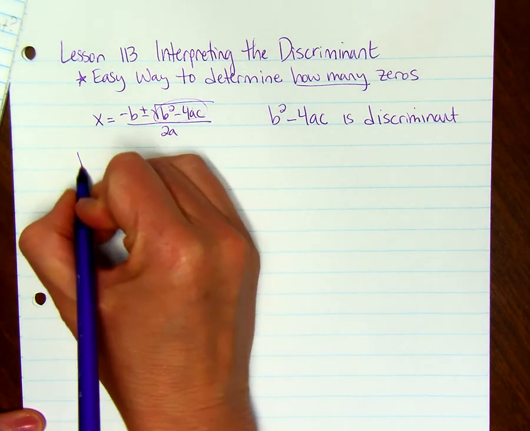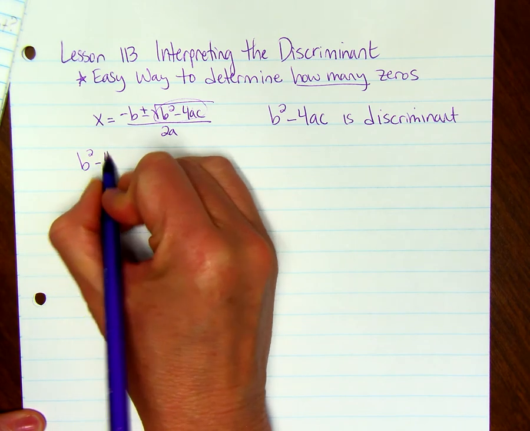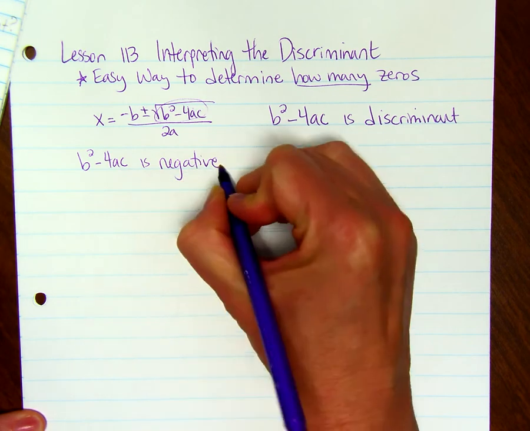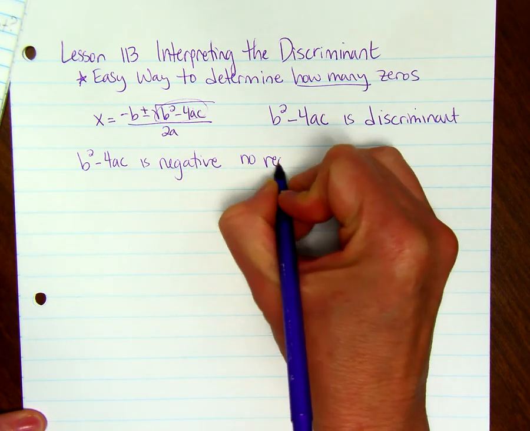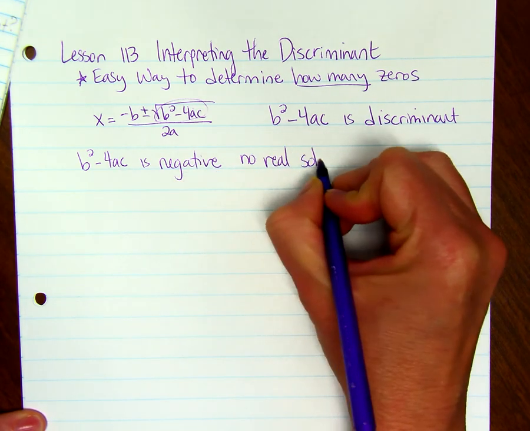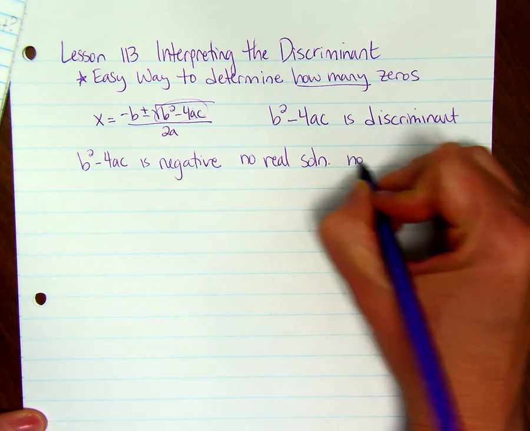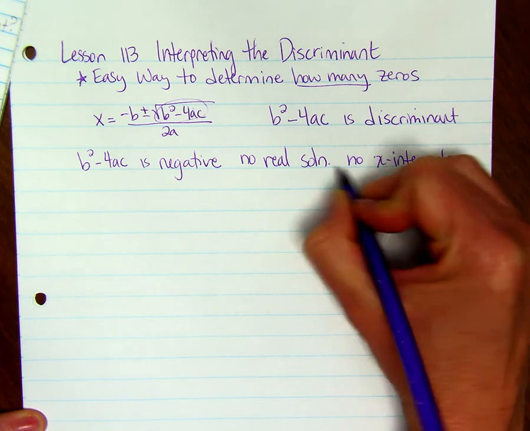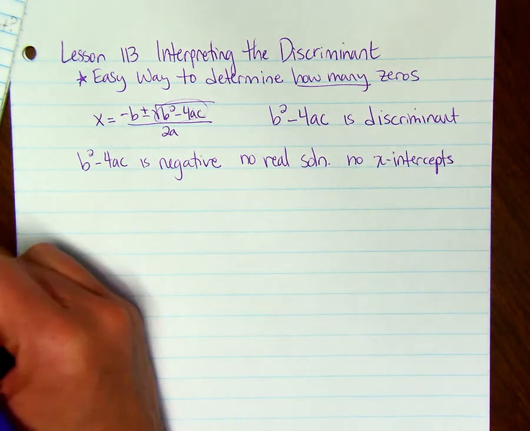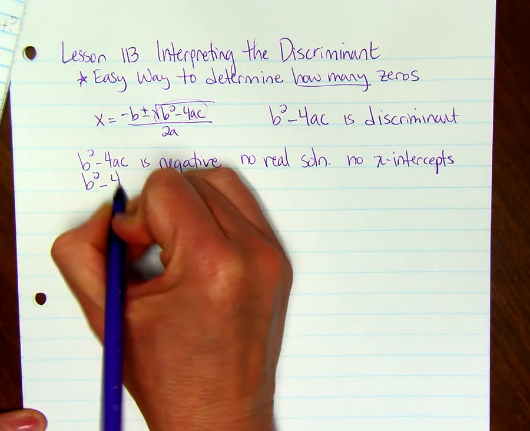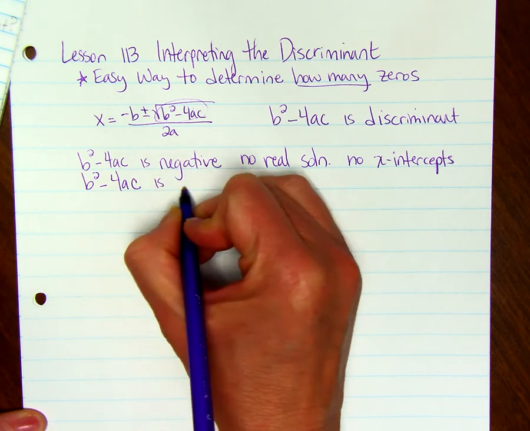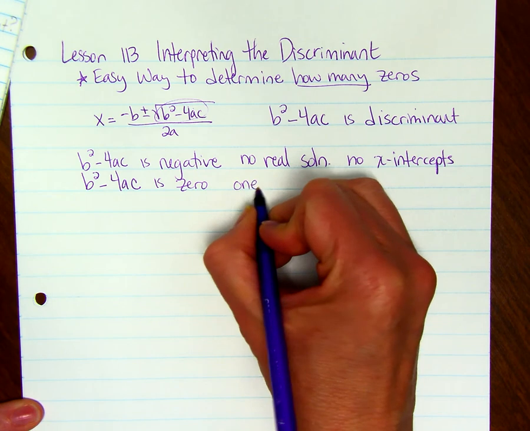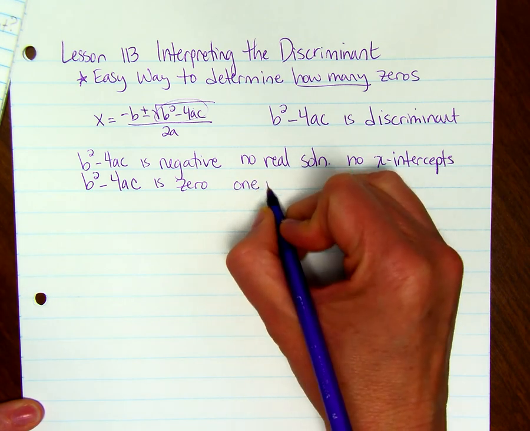So if b squared minus 4ac is negative, there will be no real solution, and there'll be no x-intercepts. A solution is an x-intercept, so these will be the same. No real solution, no x-intercept. If b squared minus 4ac is equal to 0, then there is one real solution.